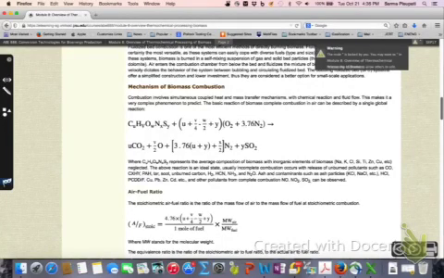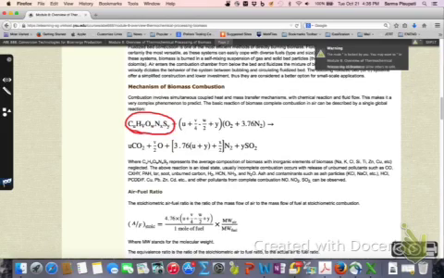Here the biomass is burning, and the biomass composition is given as a generic formula, C_U H_V O_W N_X S_Y, which means for every U atoms of carbon there are V atoms of hydrogen and W atoms of oxygen.